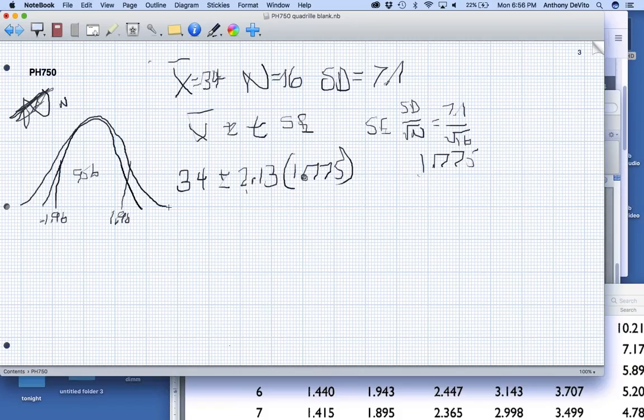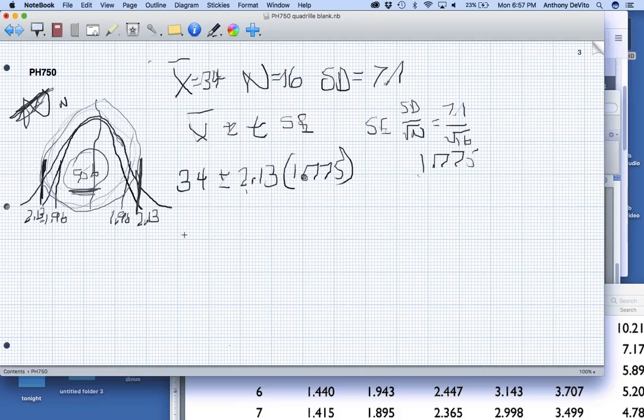And the lower the sample size is, the wider is that distribution. So for the T distribution, 95% of the outcomes is going to be further out than for the Z distribution, right? That's where the 2.13 comes in, because it's the number of standard deviations away from the mean that you have to be so that 95% of the outcomes are between those two scores.